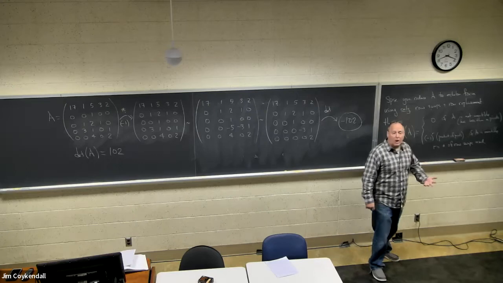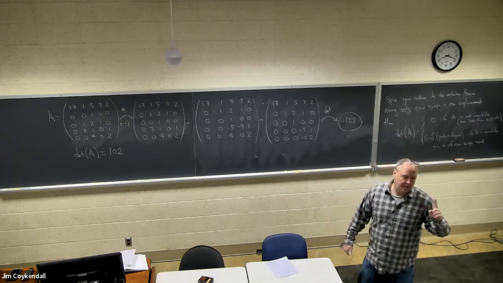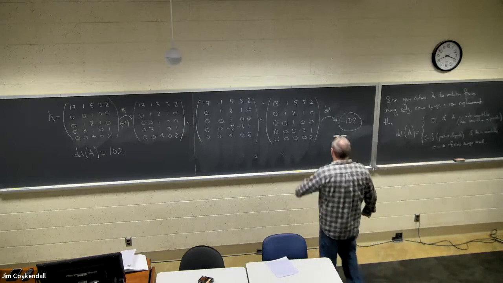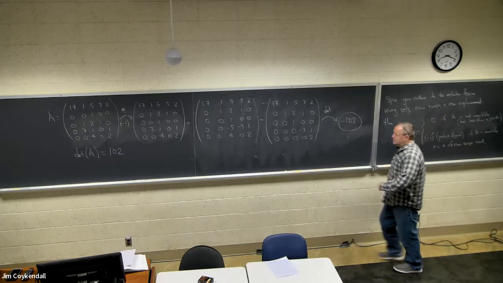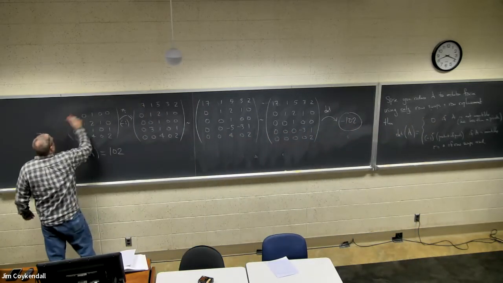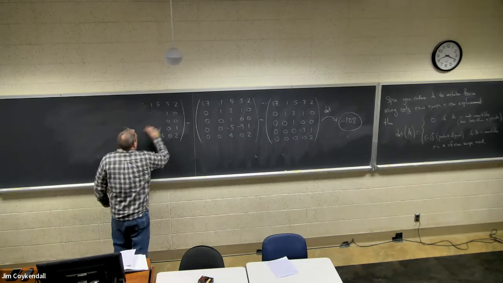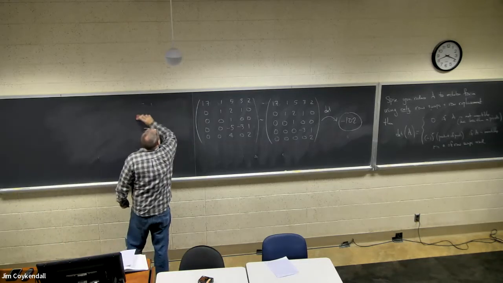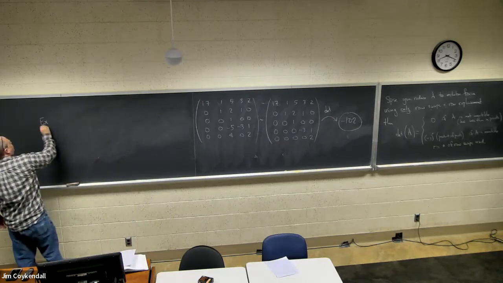We did 1 swap in this example, so we got -102. So when we do an example here, we can feed into this.